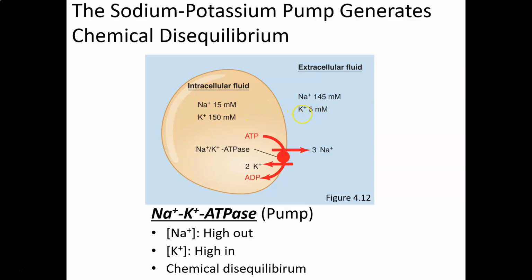That disequilibrium, where sodium is higher outside the cell than inside, or where potassium is higher inside than outside, is maintained by the sodium-potassium pump. Again, that's the active transport mechanism that allows us to move 3 sodiums out for 2 potassiums in. Very important, especially in terms of muscle and nerve cells.